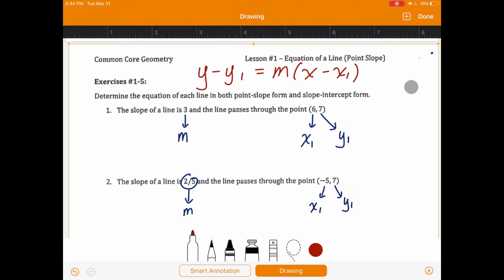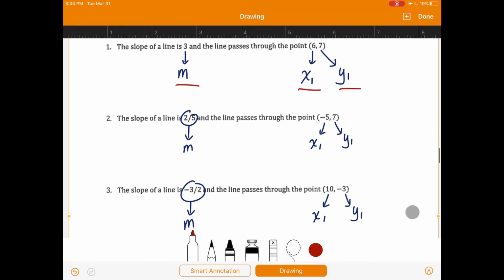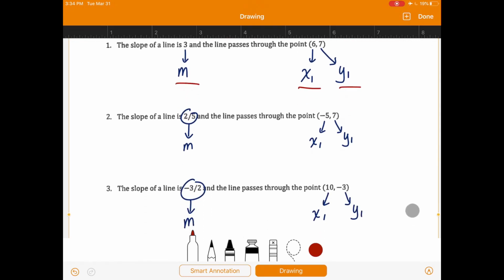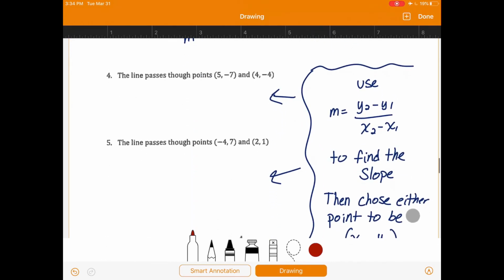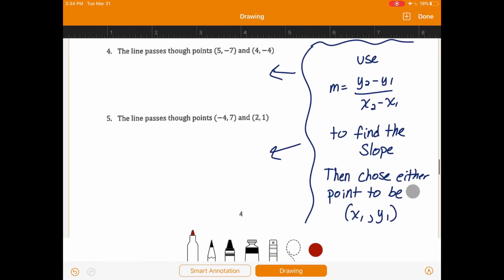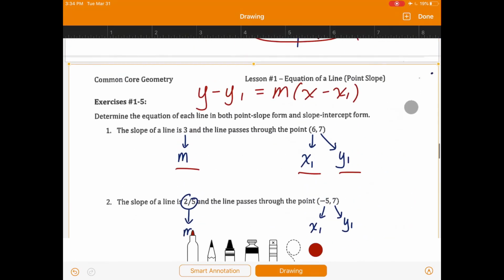You're going to plug in for these 3 pieces for the first 3 problems on here. And then the next 2 are giving you 2 points. So you're going to use the slope formula to find the slope. And then you could pick whichever point you want to be your x1, y1, and use that to plug into this formula up here.